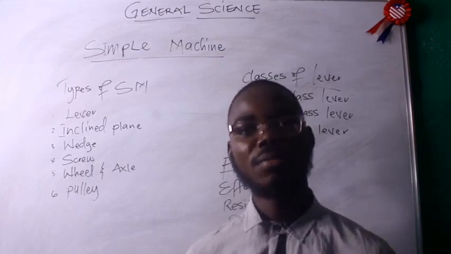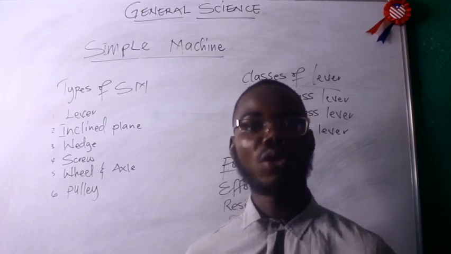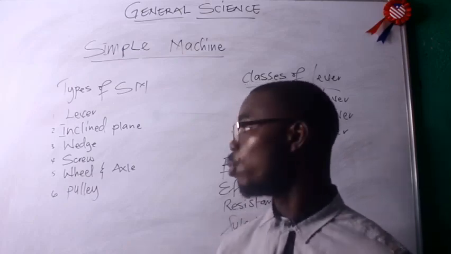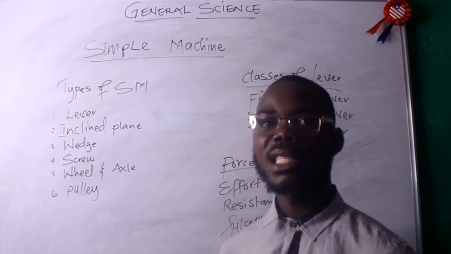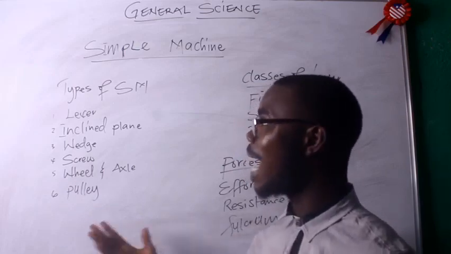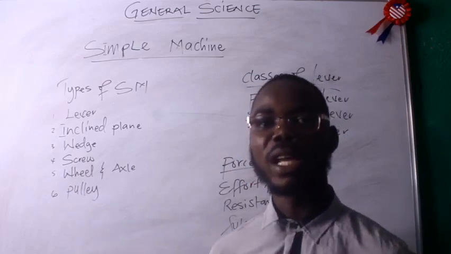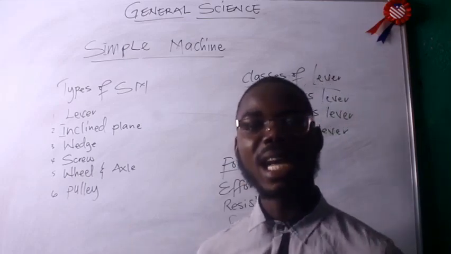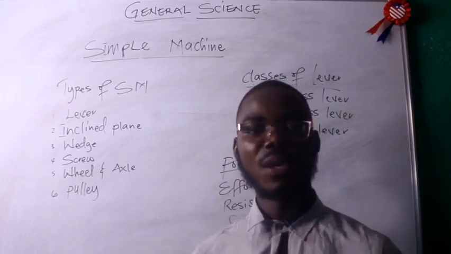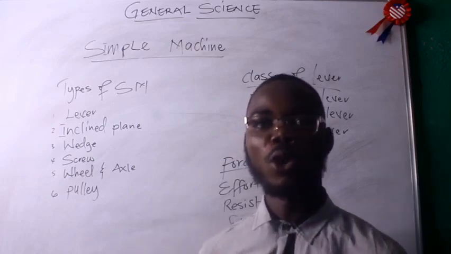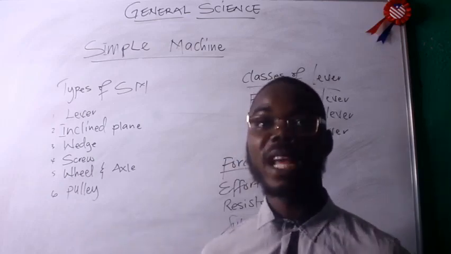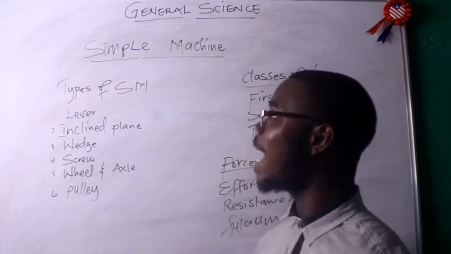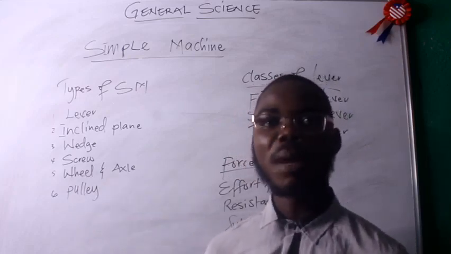Another example is the wheel of a motorbike or motorcycle, and those are all examples of a wheel and axle. And of course, the last type of simple machine is pulley, and a pulley is a simple machine that has a rope that is wrapped around a wheel. And a good example of a pulley is a flagpole. So these are types of simple machine.